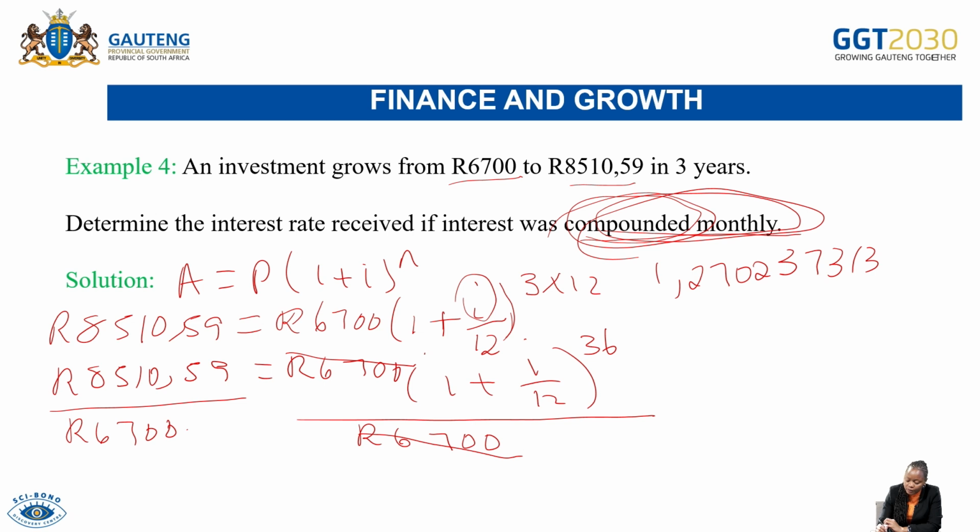So I still have, it equals 1 plus the I all over the 12 to the exponent 36. So my exponent is 36, okay? So I need to get rid of that exponent. How do you get rid of the exponent? You need to put the root of the 36 and also put the root of the 36, right?